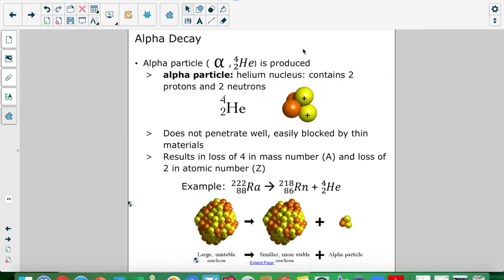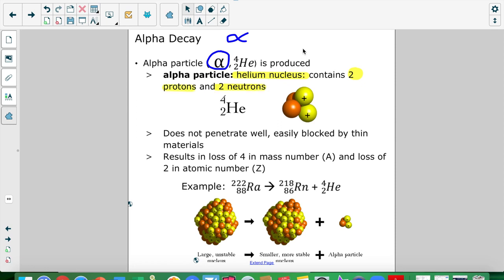The first type of radioactive decay we're going to talk about is the alpha decay. So alpha decay, or alpha particles, are represented with the letter alpha, and the letter alpha is this letter that you see over here. Okay, it's written like this. But also alpha particles are represented like a helium nucleus, and it's a helium nucleus that has 2 protons and 2 neutrons.